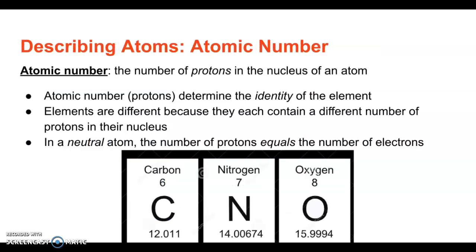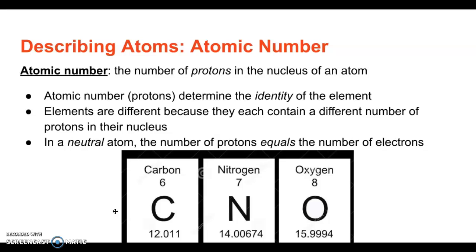So let's go back to what your atomic number is. We said that only neon has the atomic number of 10. We said 8 is not neon, it's actually oxygen. Your atomic number is the number of protons in the nucleus of an atom, and the number of protons determines the identity of your element.